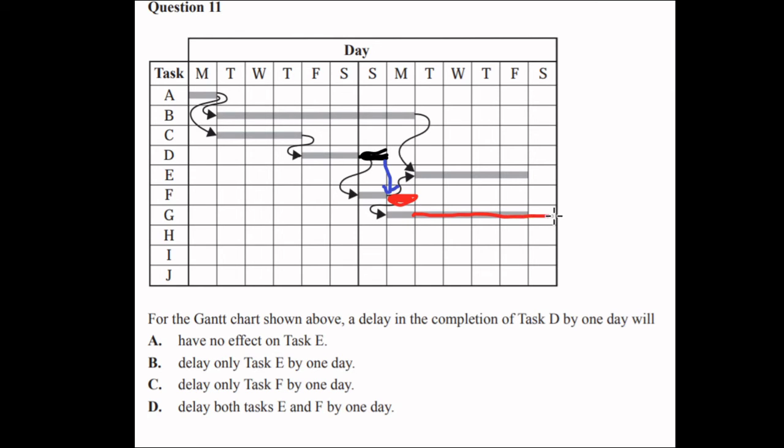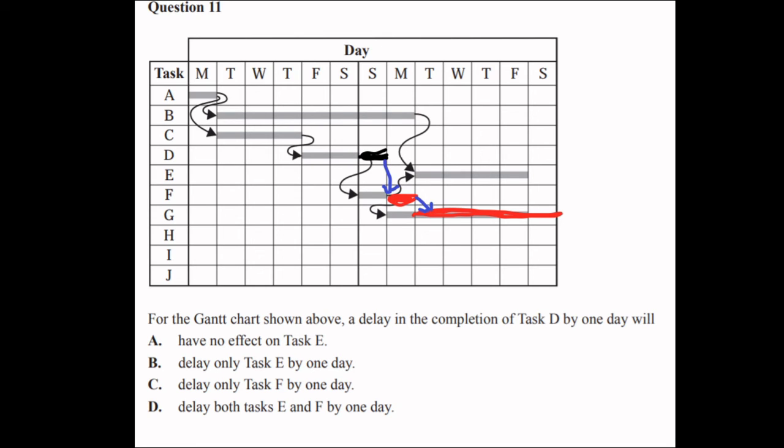So I'm going to draw this in here now, and we'll draw our new dependency arrow. So that's our project complete after task G. We've done all our annotations of what it's going to look like when task D is delayed.